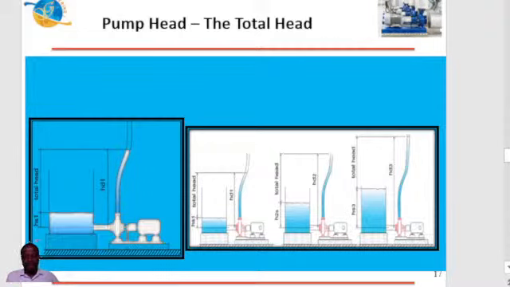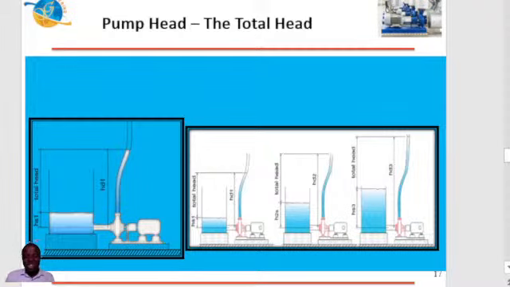So you should always calculate your total head requirement with the assumption that your suction tank is empty, as that is when you will need the pump to produce the most energy, because at that point there is not enough potential energy available at your pump suction. So when you are calculating your total head requirement, you should always base it on an empty suction tank, as that is when you will need the pump to produce the most energy.